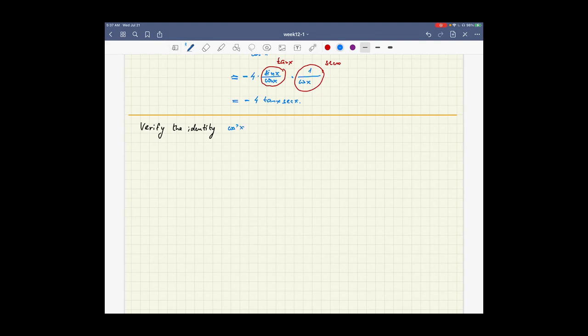Cosine squared minus tangent squared equals 2 minus sine squared minus secant squared.